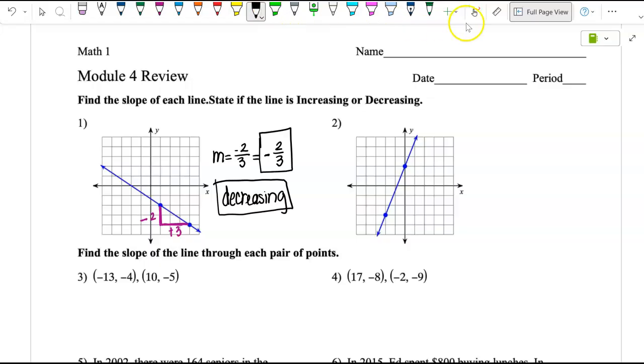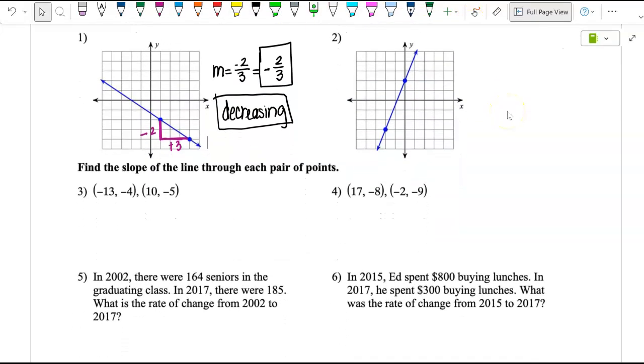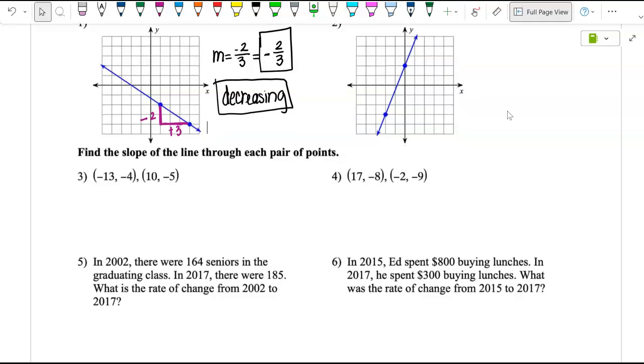Problem number 3, now they're giving us 2 pairs of points and asking us to find the slope of the line. Again, the slope formula, and again, if it were me and I'm having trouble remembering this formula, I would write it on the index card that I'm going to use for my straight edge.